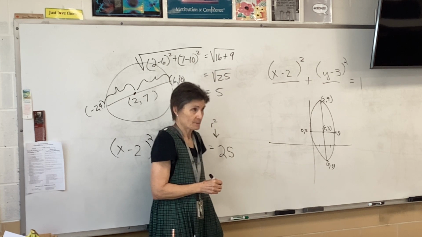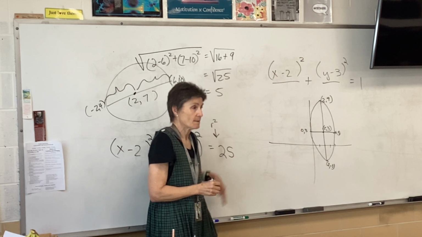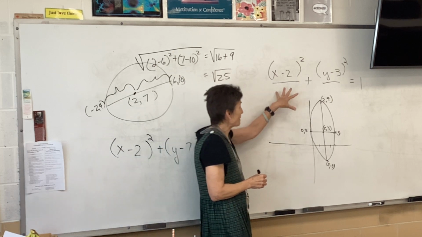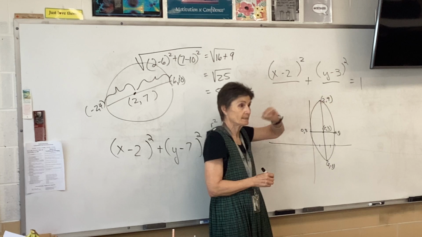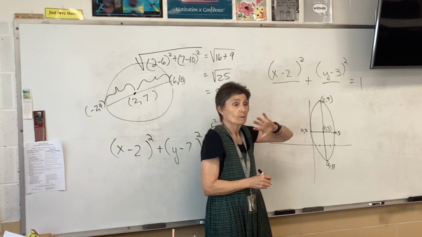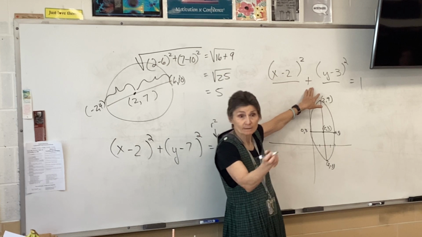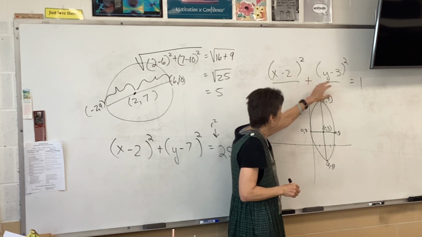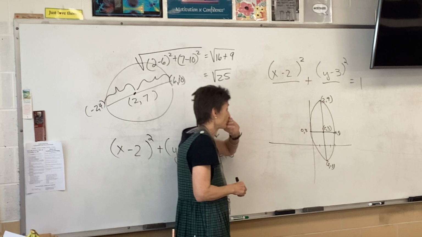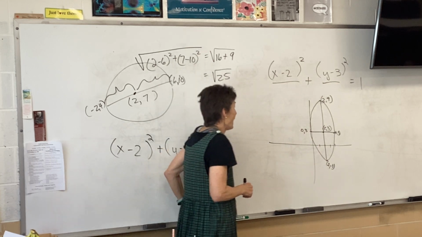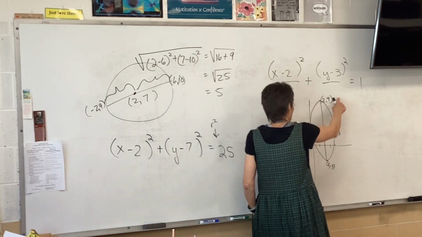In an ellipse, does it make a difference whether I have x first or y first? No, because that's a plus, so you can put it in whatever order you want. Just make sure the 2 is with the x and the 3 is with the y. Now, how am I going to figure out my denominators?